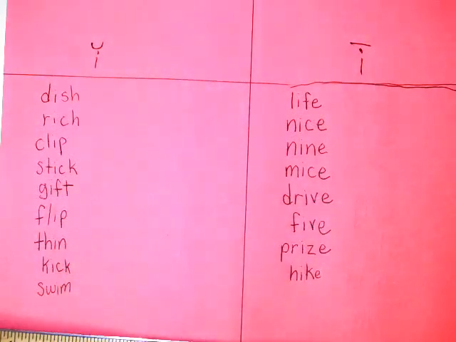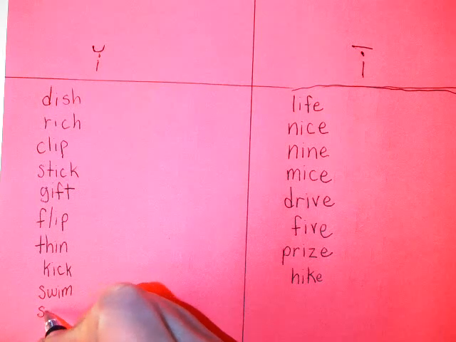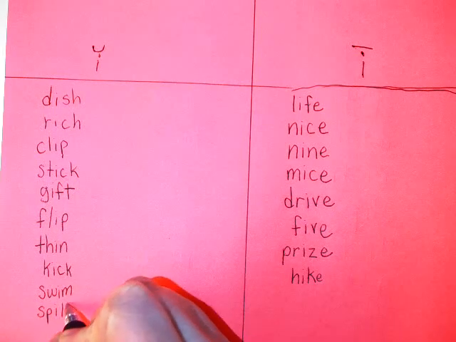Swim. Your next word is spill. Spill. If you hear short i in spill, put it over here. If you hear long i in spill, put it over here. If you thought it went over here, you are correct.